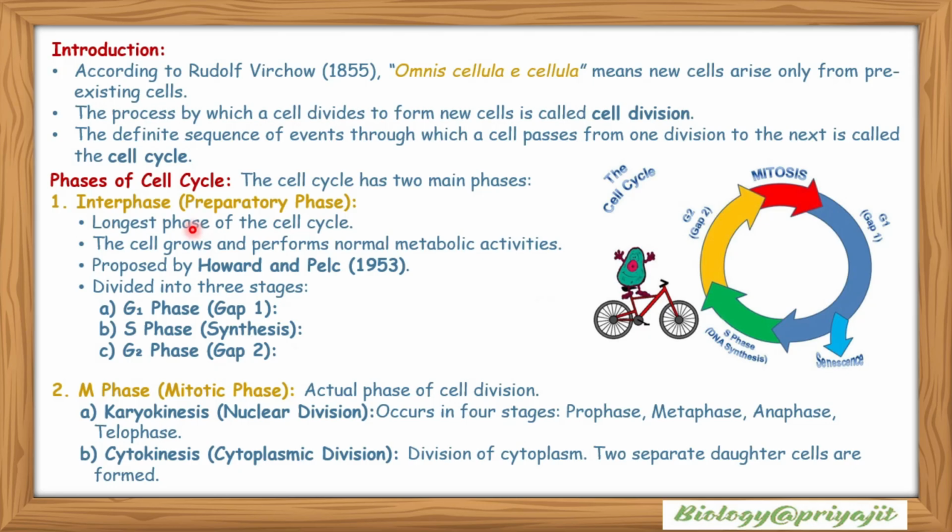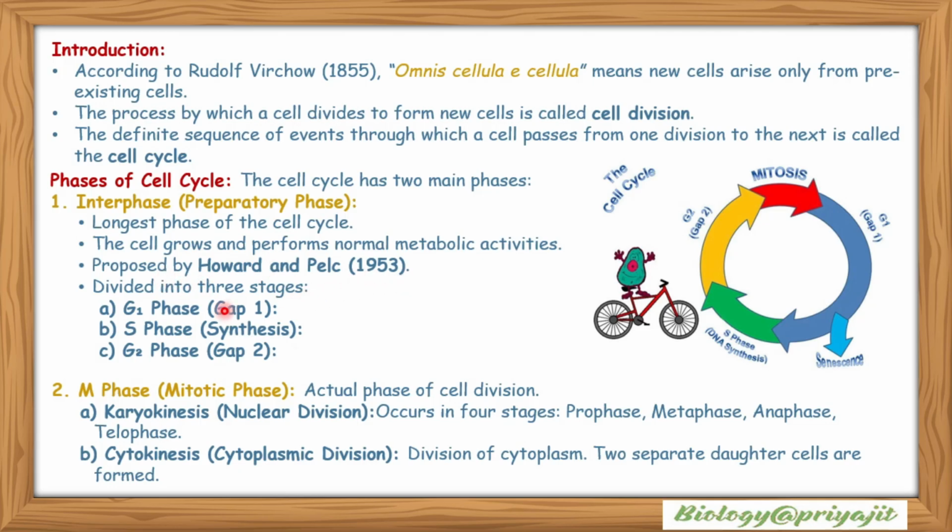The cell cycle has basically two main phases: interphase, which is the preparatory phase. It is the longest phase of the cell cycle, and the cell grows and performs normal metabolic activities during this phase. The phases of interphase were proposed by Howard and Pelc in 1953.